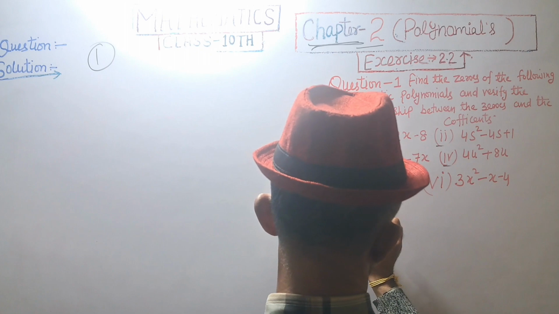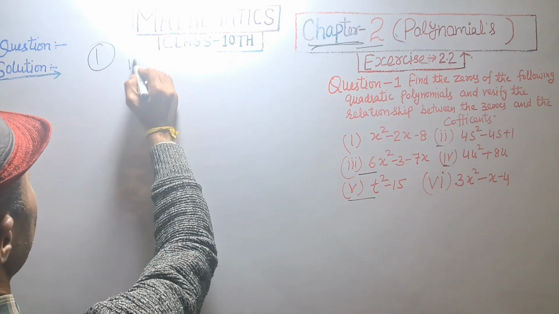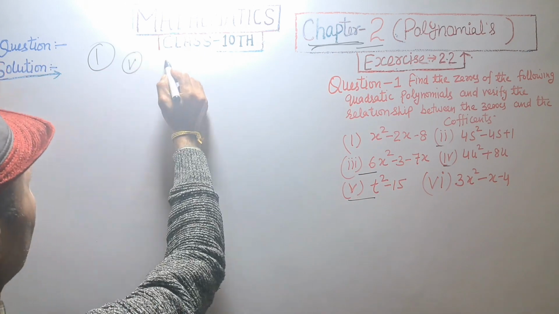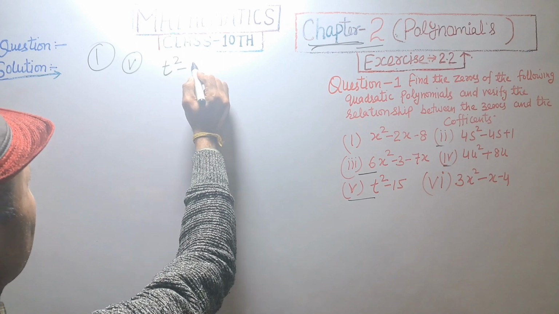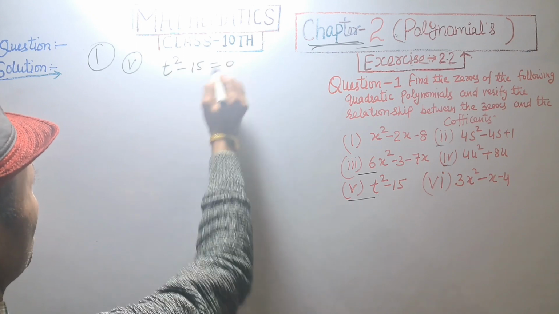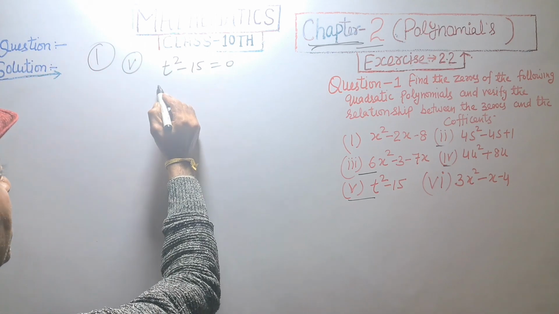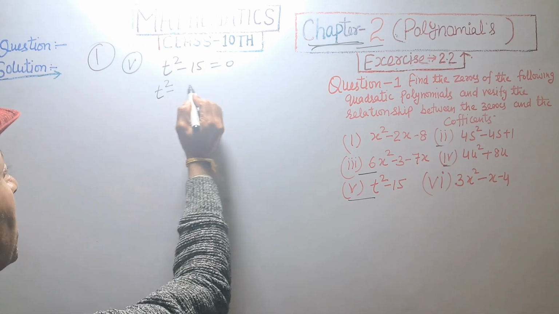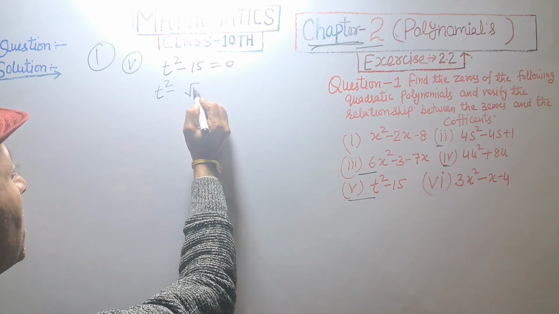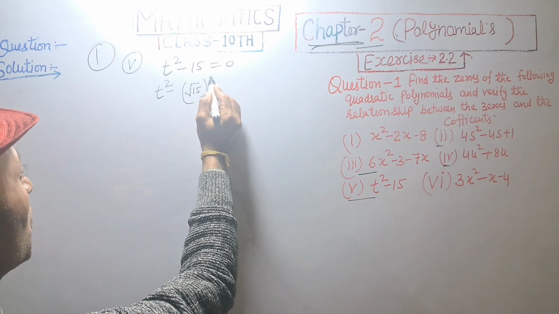Question number first, fifth part. t square minus 15 is equal to 0, and we can write it as t square minus under root of 15 raised to power 2.